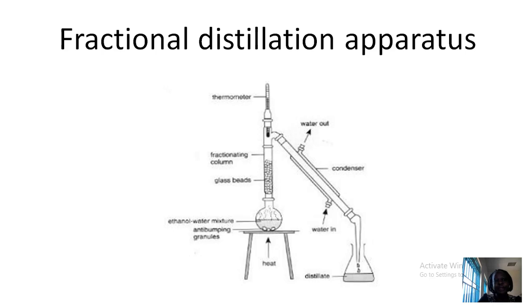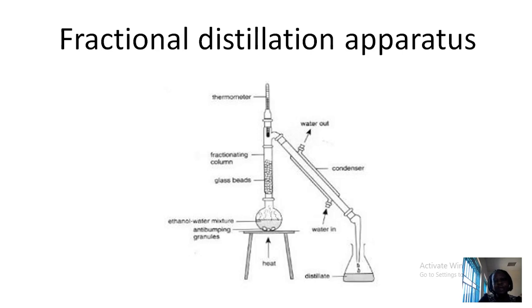So below is a setup of the fractional distillation apparatus, where we have a mixture of water and ethanol, and we're also putting the anti-bumping granules, then the fractionating column with glass beads to increase the surface area for the process of distillation and evaporation. Then we have the thermometer, which will read the temperatures.